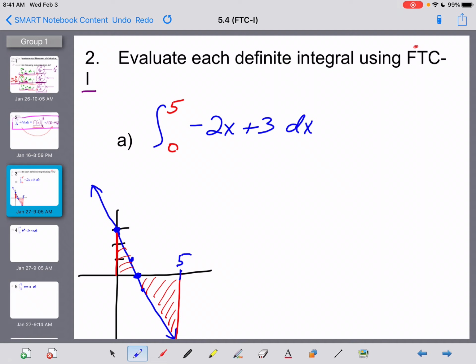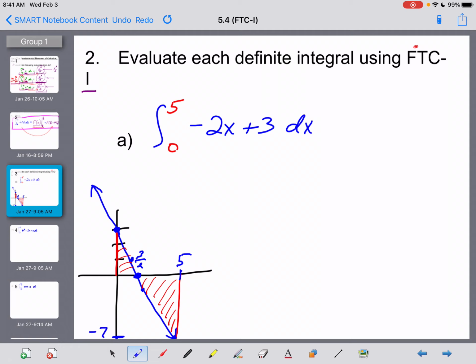Our x-intercept right there, the value of x that would make y equal 0, I do believe is going to be 1.5 or 3 over 2. Gotcha. And this ending y value right down here, I would just evaluate the original function at x equals 5. Negative 2 times 5 is negative 10, plus 3 is a negative 7.